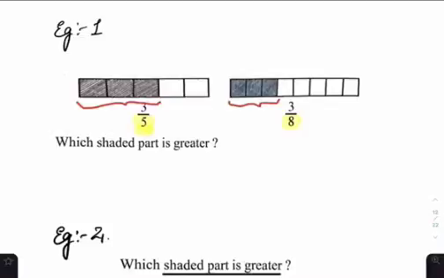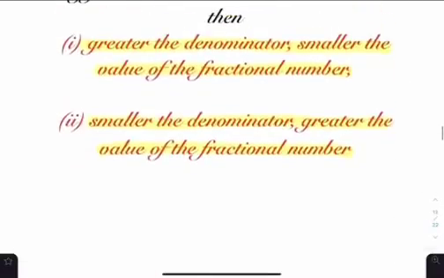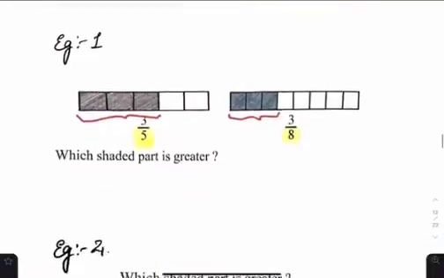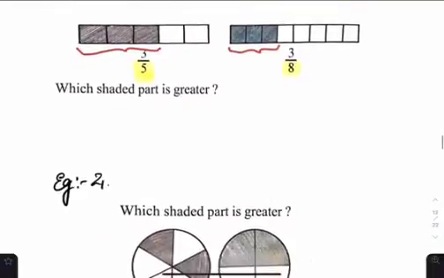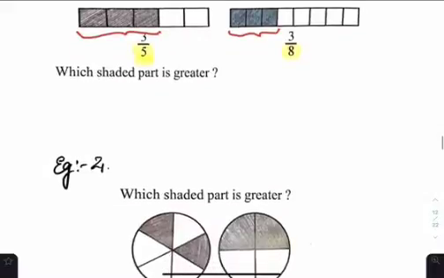Now, as per the rule, greater the denominator, smaller the value of the fractional number. Smaller the denominator, greater the value of the fractional number. Now, similarly, 5 is less than 8 in the denominator.